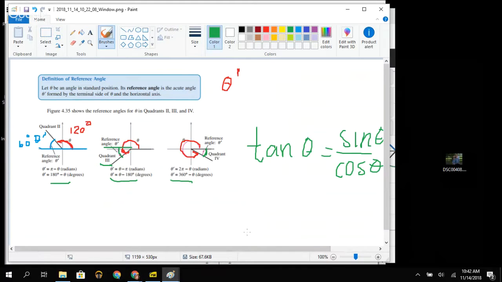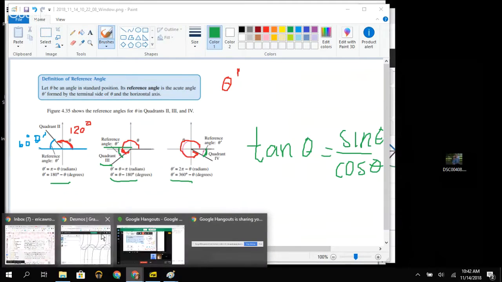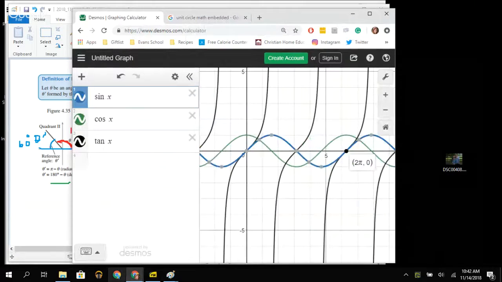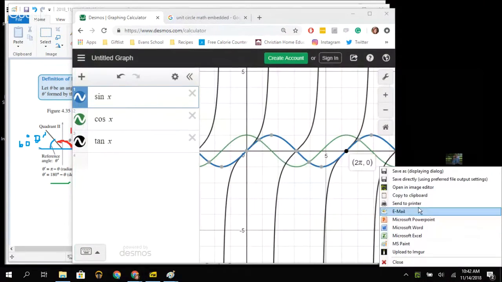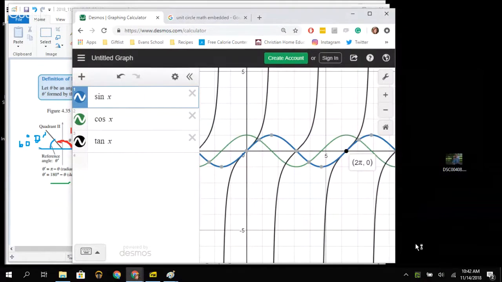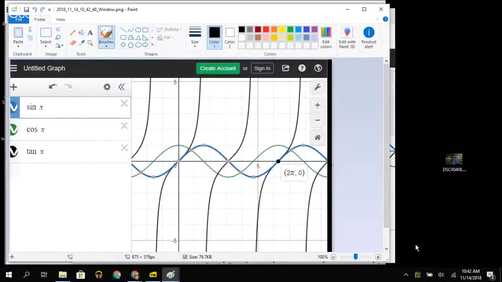So if we keep that in the back of our mind and we go back to our graph, and I'm going to print screen this so I can write on it. Okay, so right here at 0, when theta or x equals 0, the sine is 0 and the cosine is 1, so the tangent equals 0.